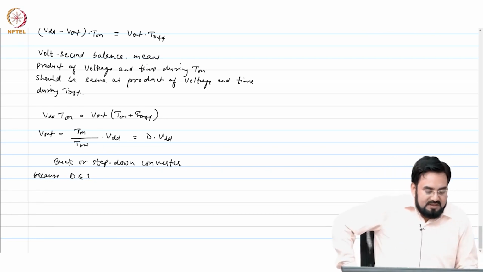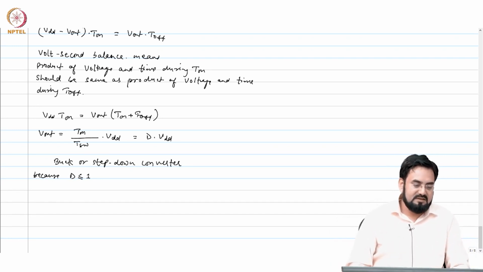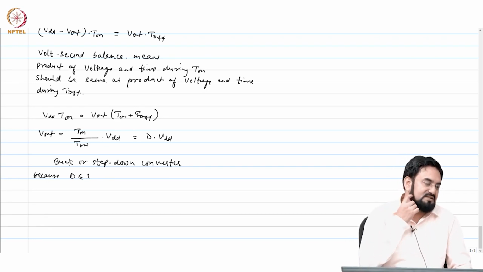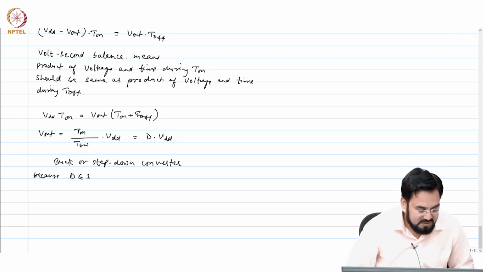But if you have a load, then there will be some drop in the power stage. Theoretically you say it is a lossless component, but practically it will have some losses, because your inductor windings will have some resistance, some finite resistance on the order of tens of milliohms or so, depending upon what type of inductor you use.